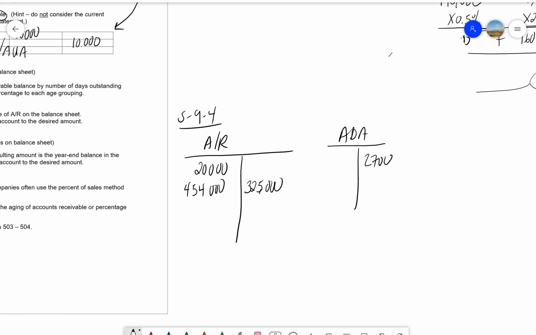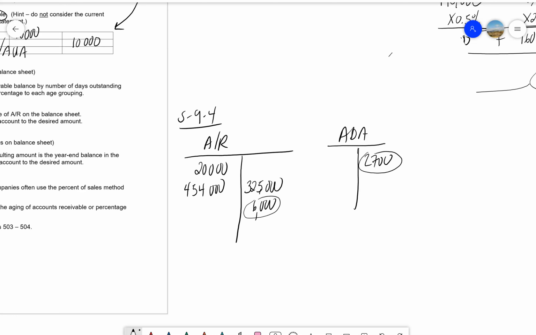Sorry, they also wrote off $6,000, so that $6,000 would show up there. Now we're assuming that the journal entries have been done, so all we're doing is just looking at the impact to the T accounts. Now this $6,000 here, that would have been a debit to the allowance for doubtful accounts and a credit to accounts receivable.